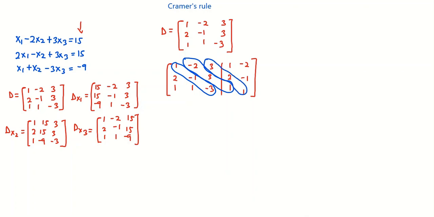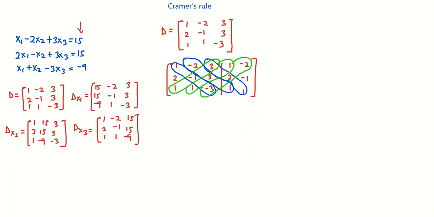That's from the top left side. Now let's look at the bottom left side. This will be my first diagonal, then this will be my second diagonal, and then this will be my third diagonal.